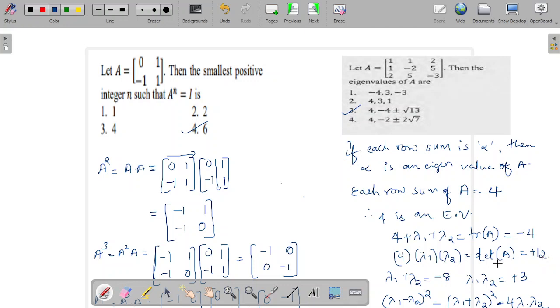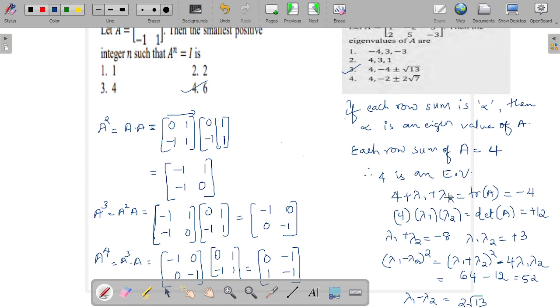You can check the determinant of this matrix, that is 12. From this you will get lambda 1 plus lambda 2 equal to minus 8, lambda 1 into lambda 2 equal to plus 3.